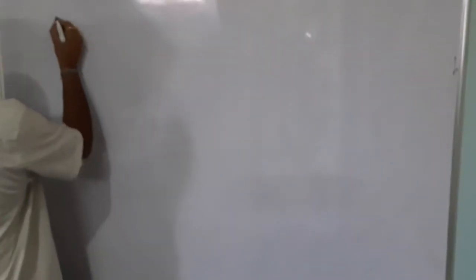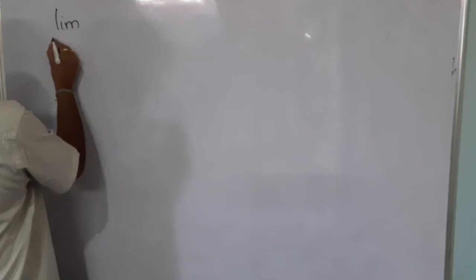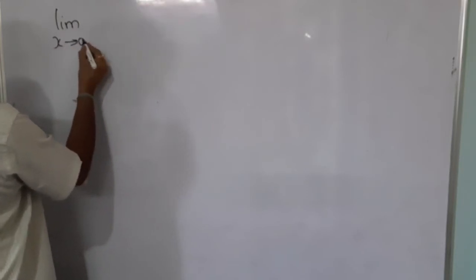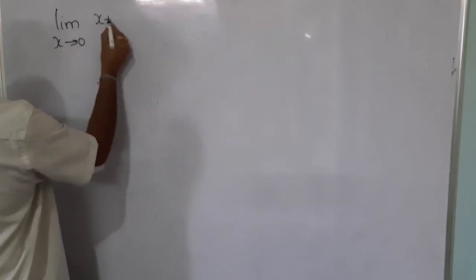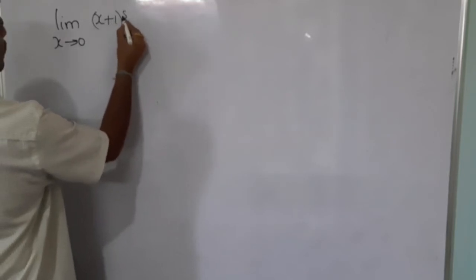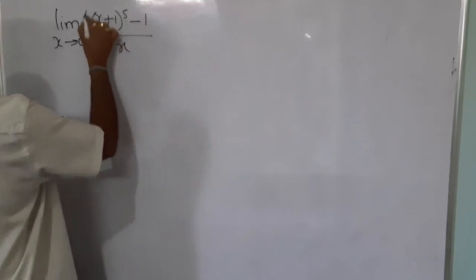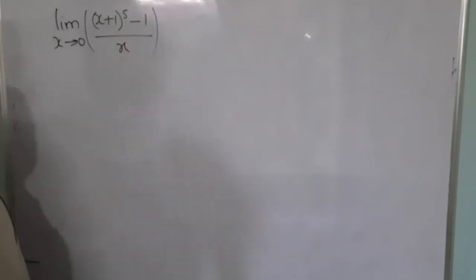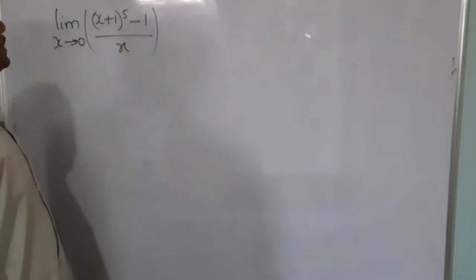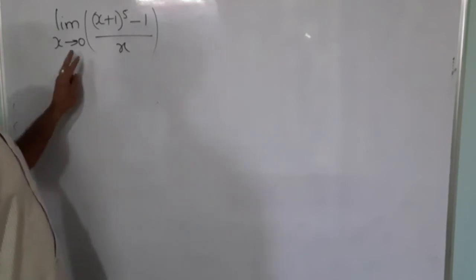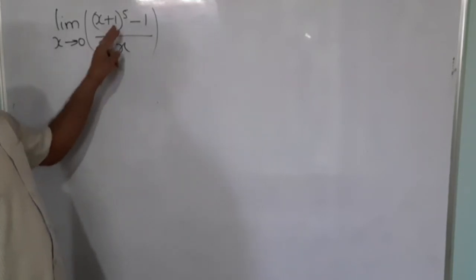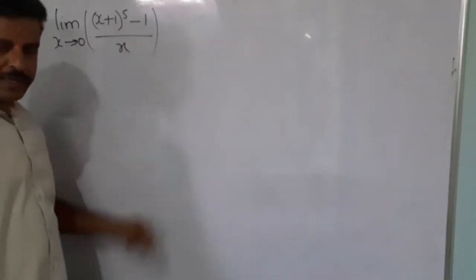Problem number 6, that is limit x tends to 0, (x plus 1) whole to the power of 5 minus 1, divided by x.